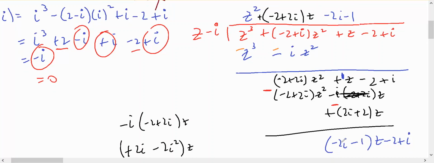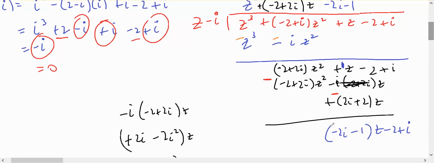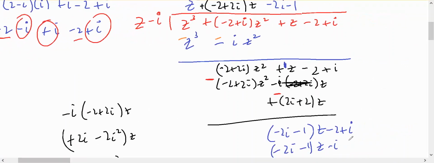So I've got minus 2i minus 1 z, then minus i times minus 2i minus 1.